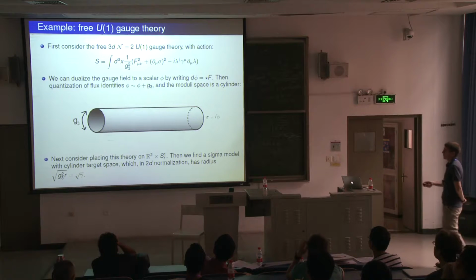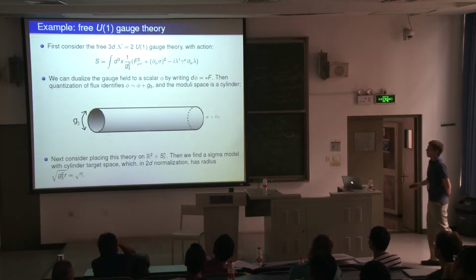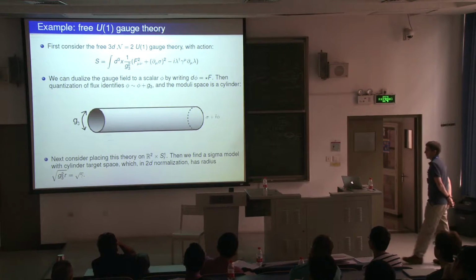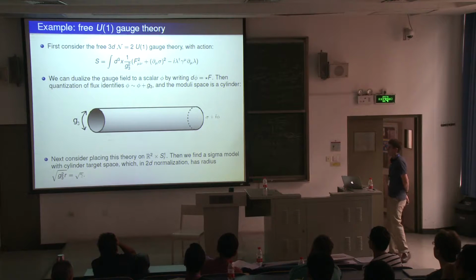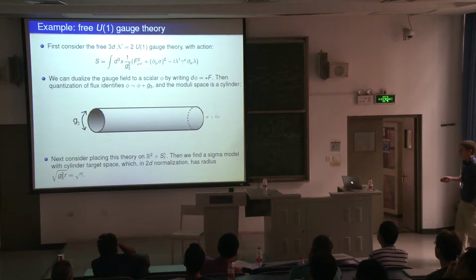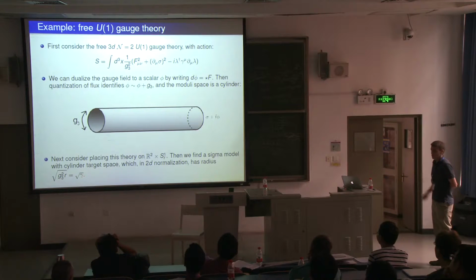And when we do this, we find that the moduli space of this theory is a cylinder of radius g_3. So now let's try to reduce this theory. So we place it on R^2 times S^1 with radius r. And the Kähler potential of the scalar picks up an extra factor of r, and so in the 2D fields, in their normalization, the radius of this cylinder is the square root of g_3^2 times r, which is this parameter I called gamma.